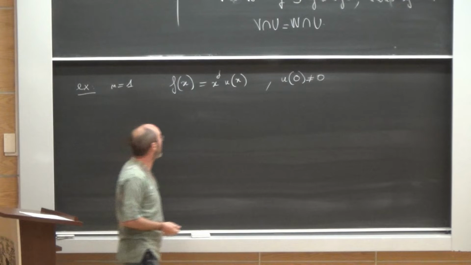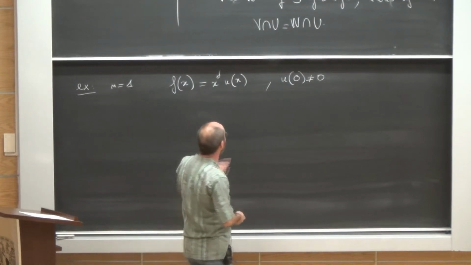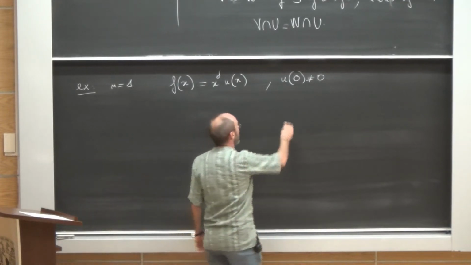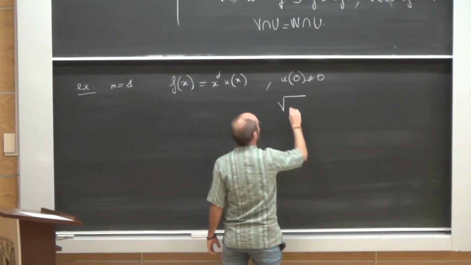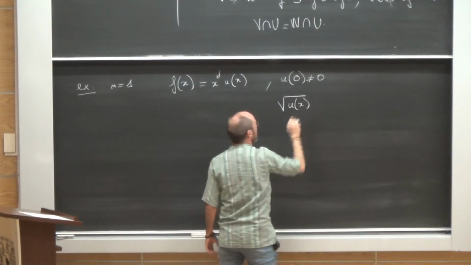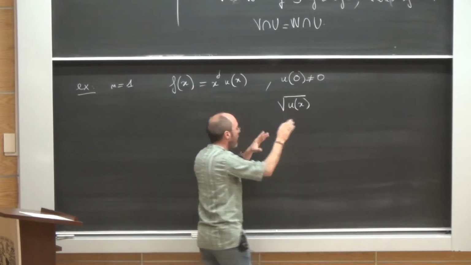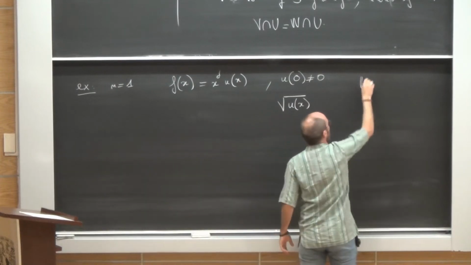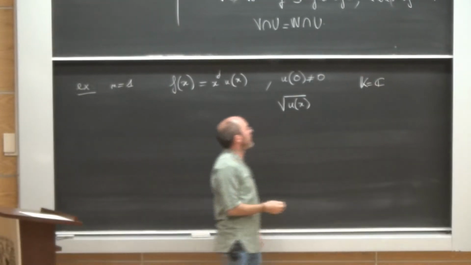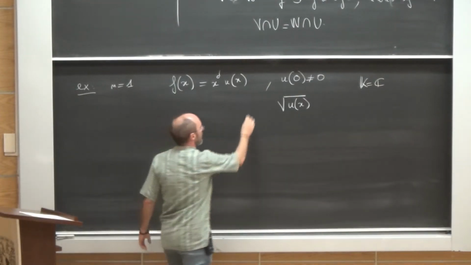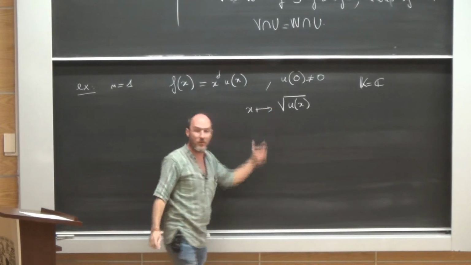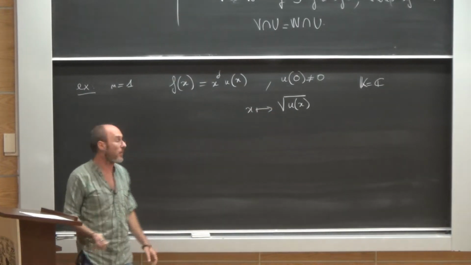Okay? And because u of 0 is non-zero, I can consider the root of u of x, or in the real case, plus or minus the root. So let's say here, k is C. And this is an analytic function also, so it's given by a convergent power series.